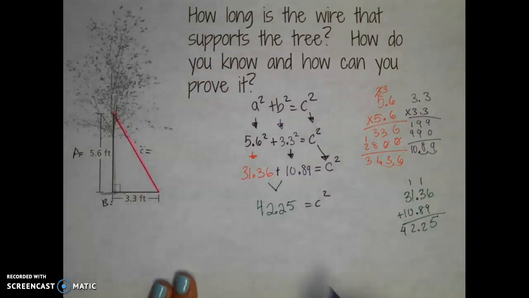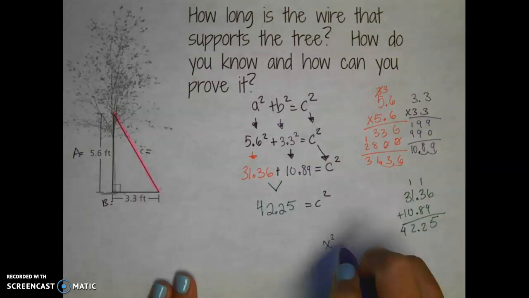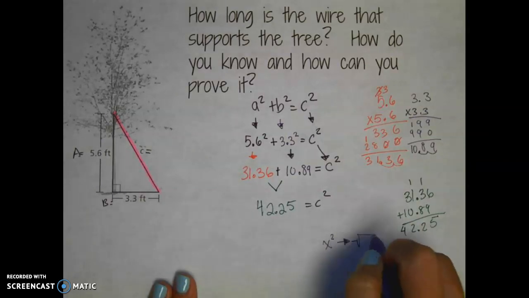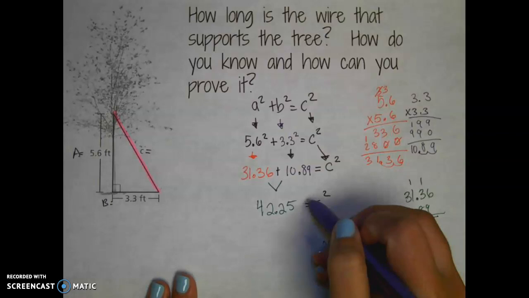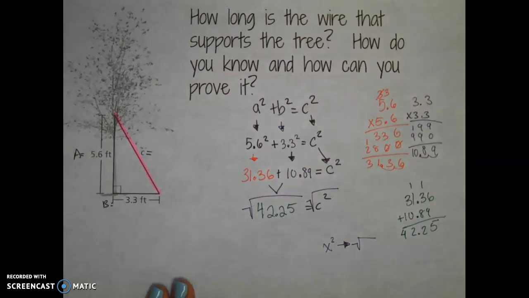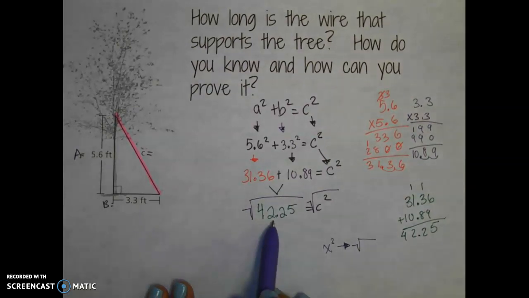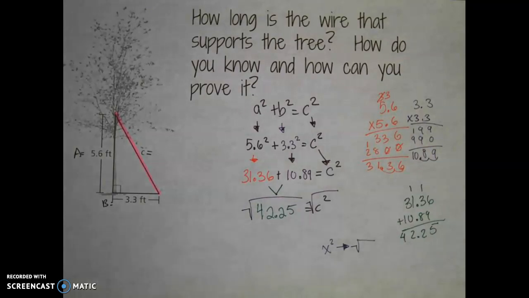Now remember, the opposite of a number squared is a square root. So since I have C squared, to do the inverse operation, I'm going to square root both sides. Now remember, we're not dividing 42.25 by 2. We're figuring out what number times itself is going to give me 42.25.